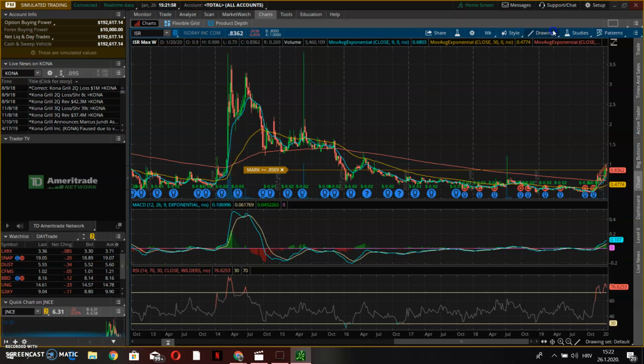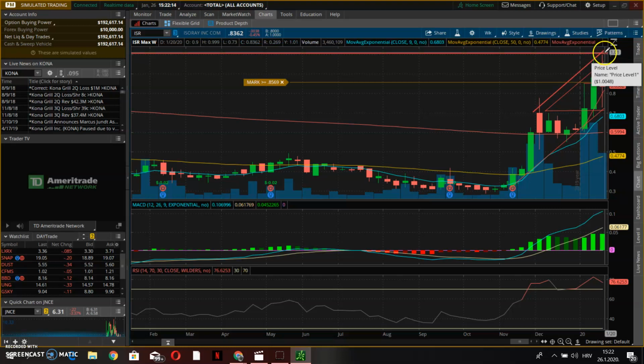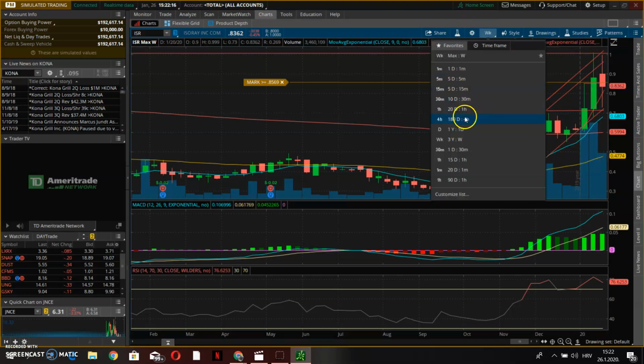Oh, I just noticed one little thing. Okay, look at this. This is the line where it was broken. Do you see what that line represents here? It's like a resistance, man. This tells us it will go to 1 again, definitely.